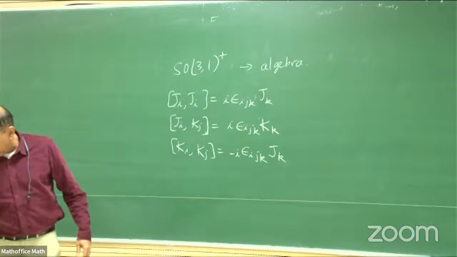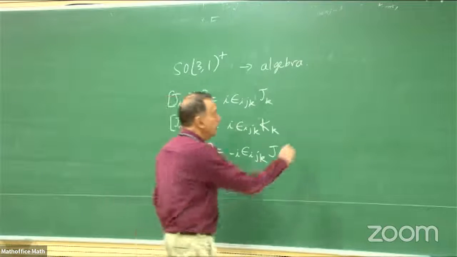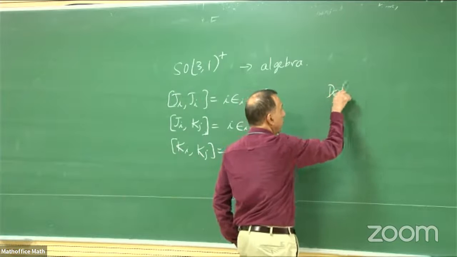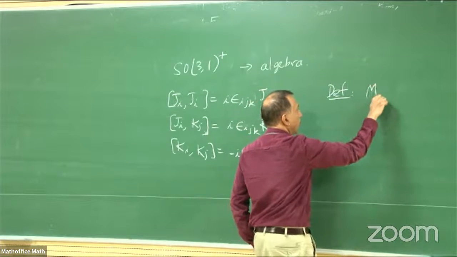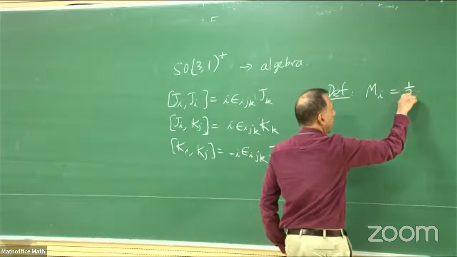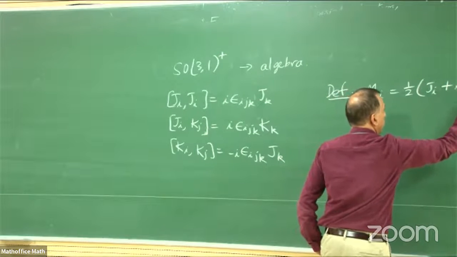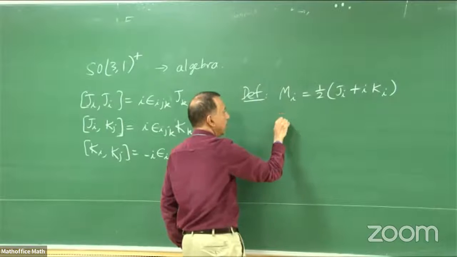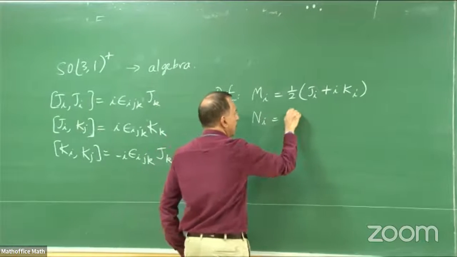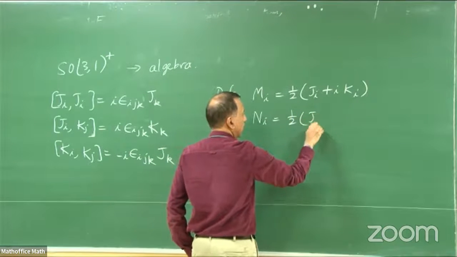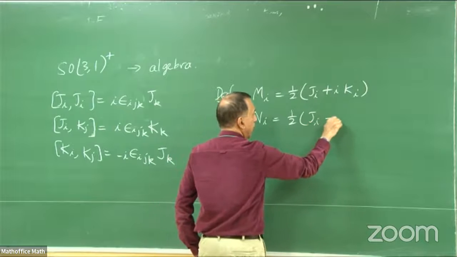So that's the first observation. The next observation is that we define some quasi-legal things. I don't know what the correct term is, but we define complex combinations. This is quite familiar also in just SO(3).